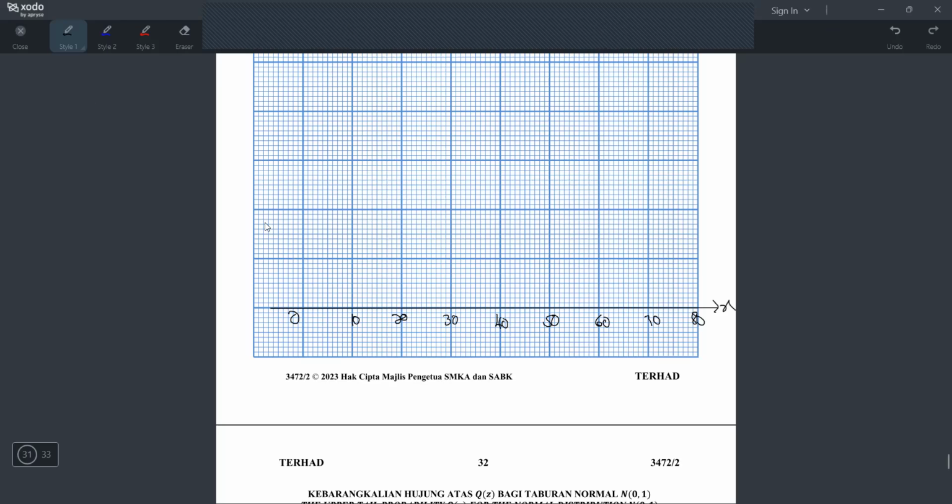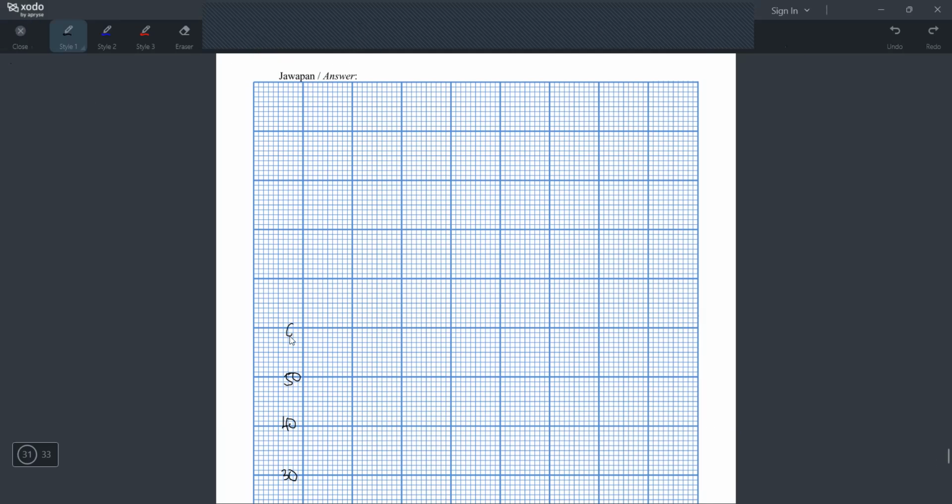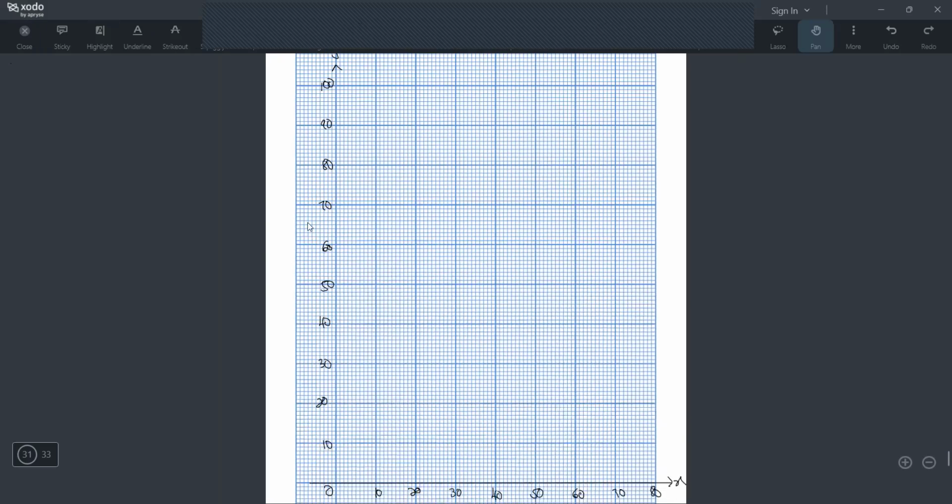For my y-axis, it will be 10, 20, 30, 40, 50, 60, 70, 80, 90, 100. So this is my y-axis. Okay, let's draw the y-axis.